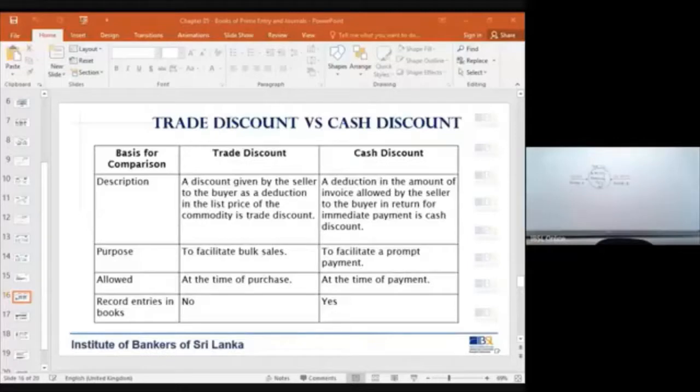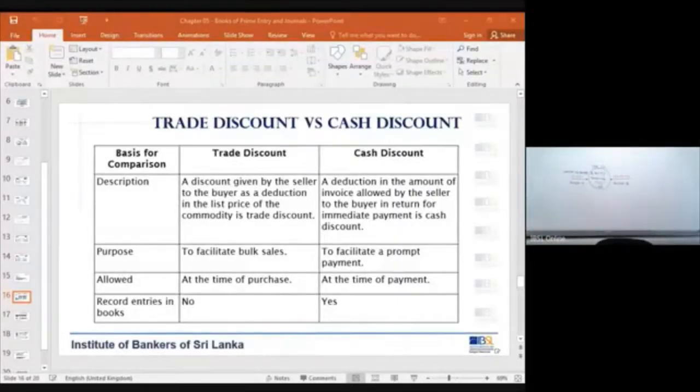So buyer A goes to the shop and sees that it is 80,000, and he wants to buy it, and he is trying to negotiate with the seller. The seller says, look, if you are paying in cash, I would give you this television at 78,000 rupees.